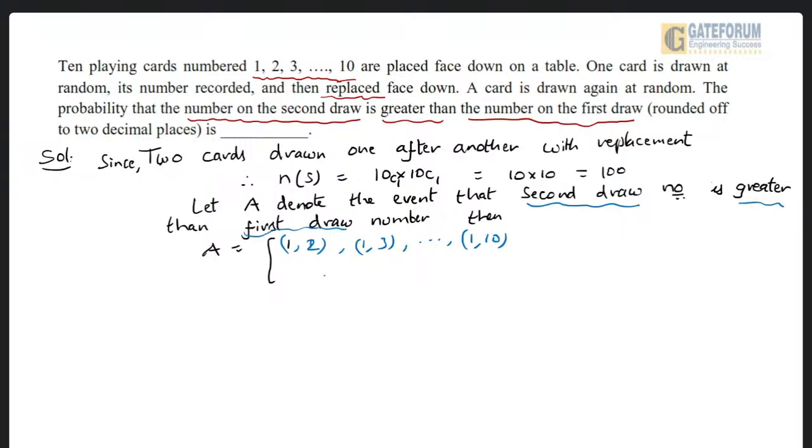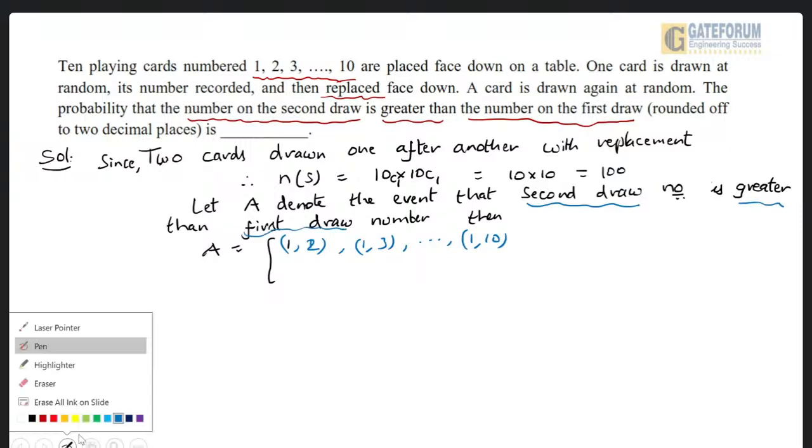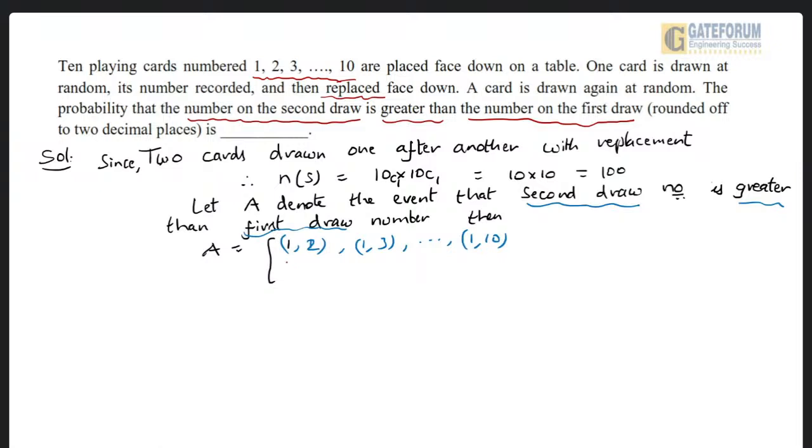Okay, now if the first draw number is 2, then the possibilities on the second draw are (2,3), (2,4), and so on (2,10). Am I correct? So these are 8 ways.